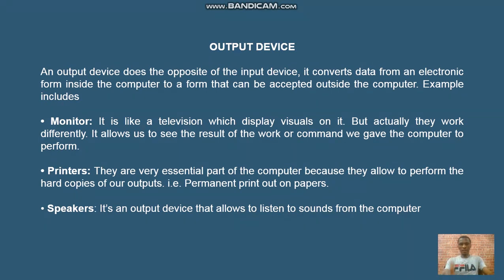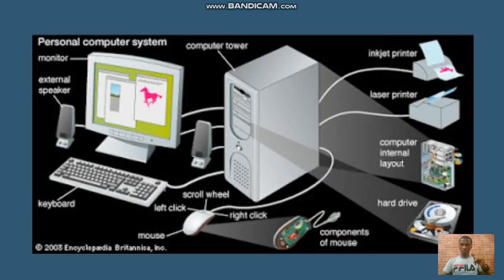On the keyboard, I might type A. I see it as A, but the computer doesn't see it as A. Rather, you translate it to its computer equivalent language, which is referred to as machine language. That is how it understands. And then when it wants to bring it back to how you can understand it, it reconverts it and shows you what you actually see. So that is the two parts: input device and output device.